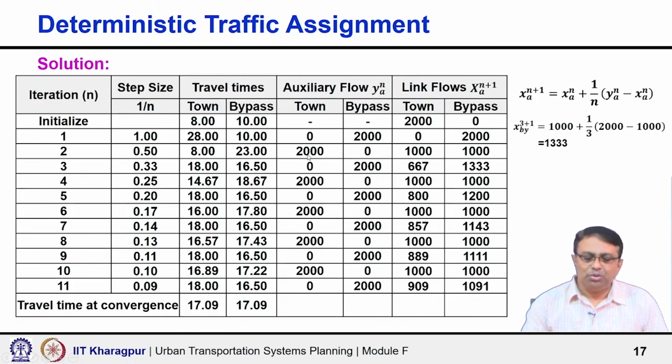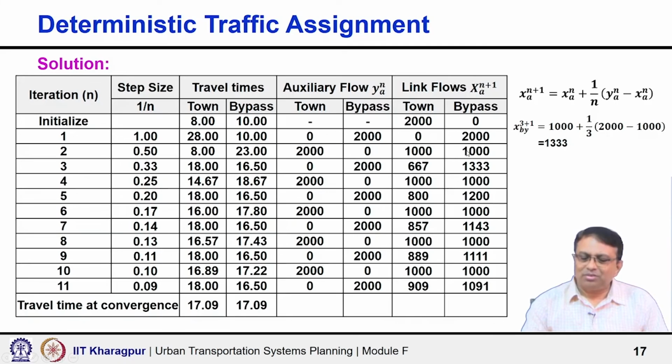So half of 2000 eventually, so 1000. And how does it become 2000 to 1000? The calculation is the previous value 2000, plus 1/2 times the present auxiliary flow 0, minus the previous link flow 2000.